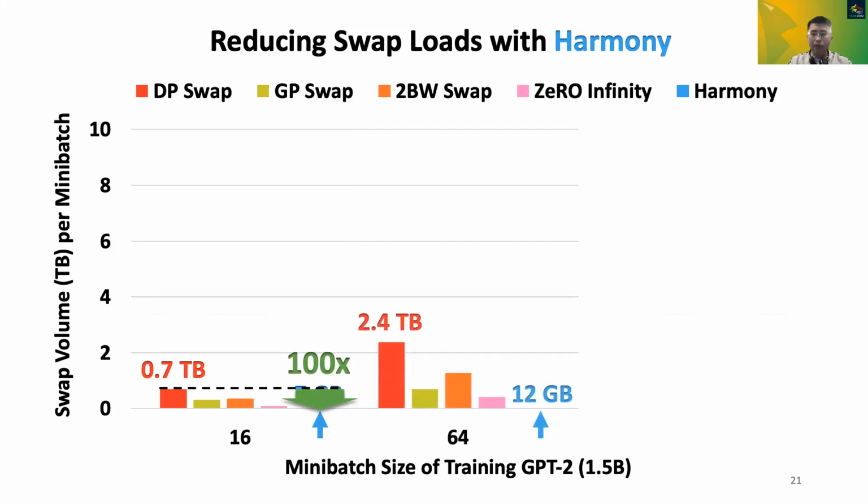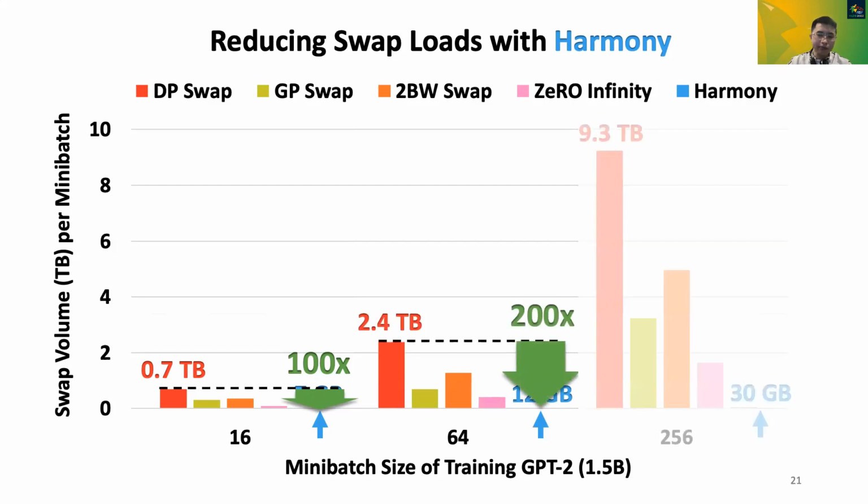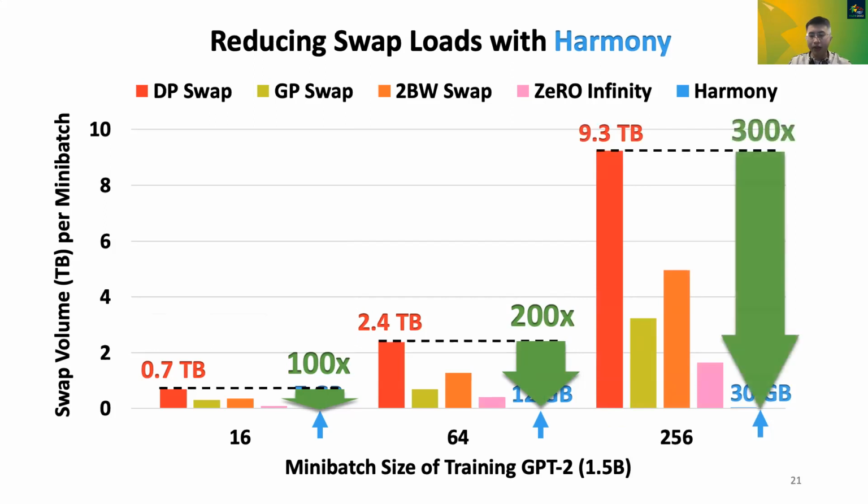When we scale up the mini-batch size, Harmony magnifies this reduction, until 9.3 terabytes of swap becomes only 30 gigabytes. Harmony reduced swap load by 2 orders of magnitude to achieve this significant speedup.